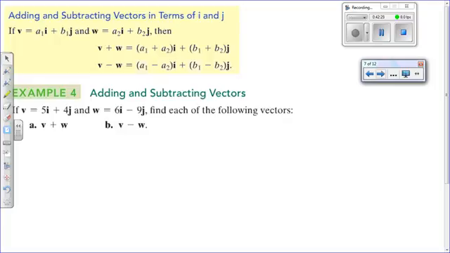Okay, now you could add and you could subtract vectors if they are in those terms, in i and j terms. And just like if you were to add or subtract imaginary numbers, do you guys remember how to do that? Imaginary numbers, so let's say complex numbers that have a real and an imaginary part. What do you do when you add them?